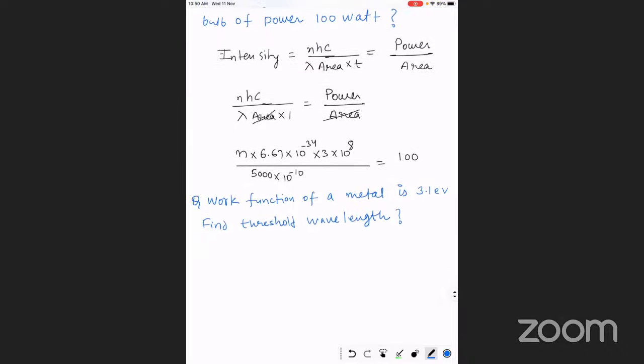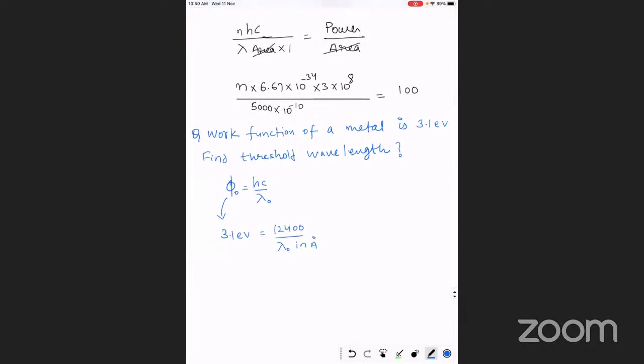How will you solve this? Work function is equal to hc by lambda naught. Do you remember this? But if work function is given in electron volt, you can write 12,400 divided by lambda in Armstrong. So now you can solve this. Lambda naught is equal to 12,400 divided by 3.1. How much will you get? Use the calculator. Use your mobile phone.